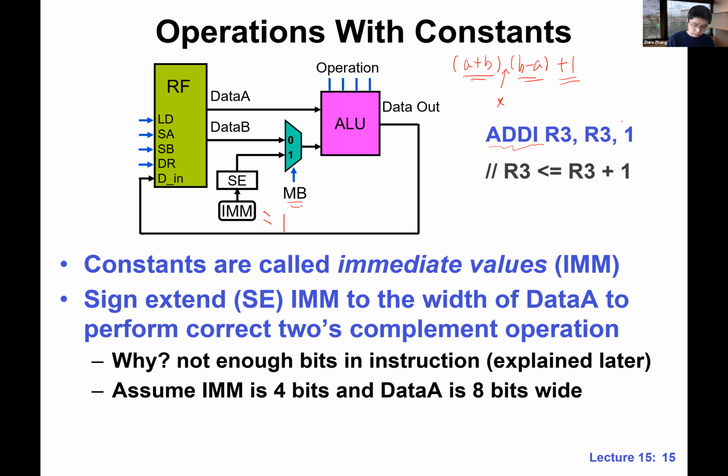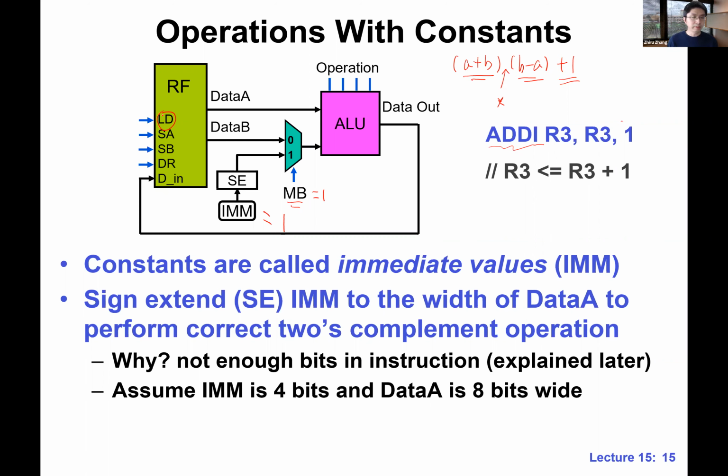This is the control signal for the mux, right? Now the ALU can take either the data B or this immediate value. What should be MB? MB means the mux for the B input. This should be 1, right? We're going to take the immediate value. Very good.